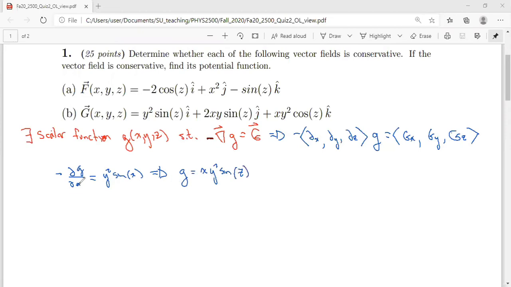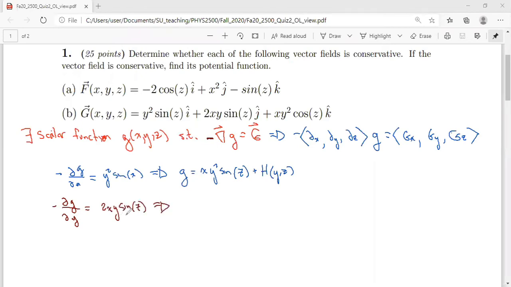But then, because I have a partial derivative with respect to x, there could be some arbitrary and unknown function, I'll just call it capital H, of both y and z. And that would have been partial derivative to y. Never would have seen it. And then likewise, I have minus d by dy of little g is equal to 2xy sine z.